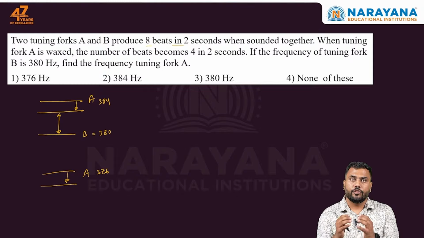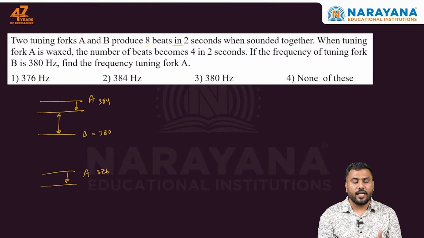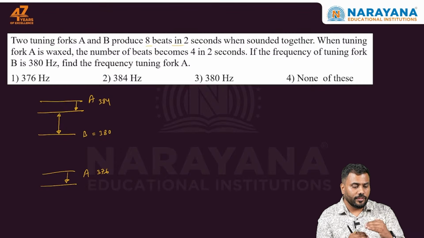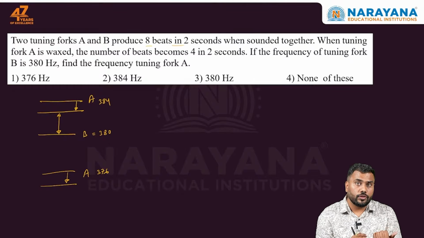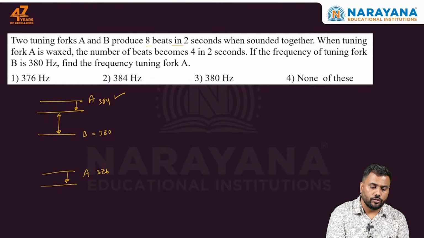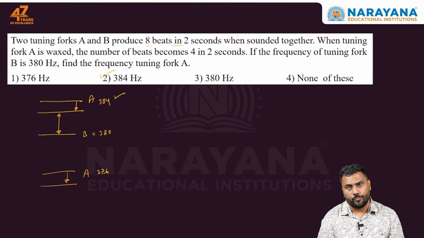Whenever a tuning fork is waxed, the frequency of the tuning fork is reduced. Because of that, if I reduce the frequency of tuning fork A, I should see fewer beats per second, that is the gap of frequency should reduce. For that to happen, I can see from the diagram the frequency of tuning fork A has to be 384. So the best answer of this question is option 2.